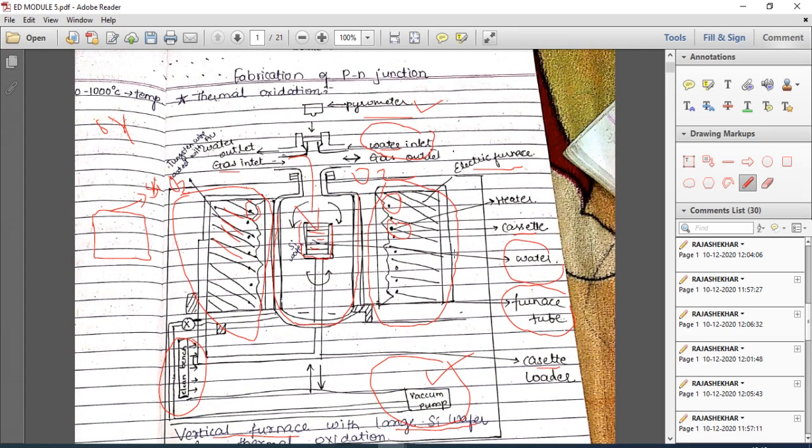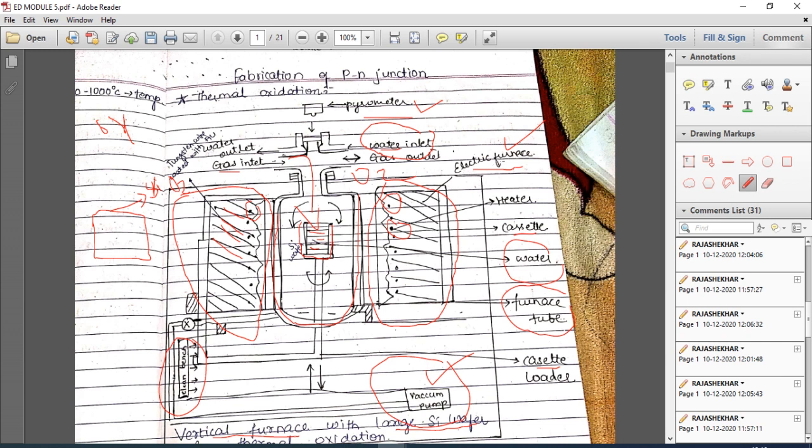I will just repeat the role of each part. First is the pyrometer, to measure the temperature without touching the vertical furnace. Water inlet and gas inlet, to perform wet oxidation and dry oxidation. This is the electric furnace, to establish the desired temperature.